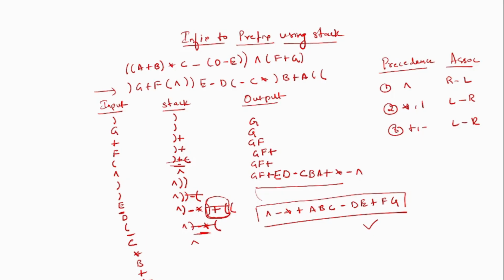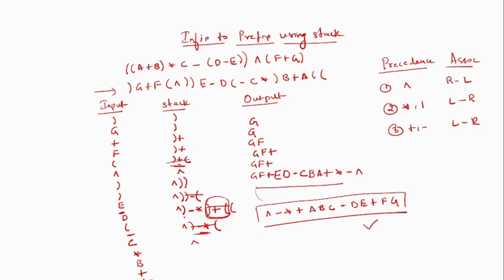I repeat one more time, I need to encounter close bracket followed by operators followed by open bracket to pop out the operators in those brackets and remove the parenthesis. Here, see, I have two close parentheses, so I don't pop out minus and star. I wait for the open bracket, right?